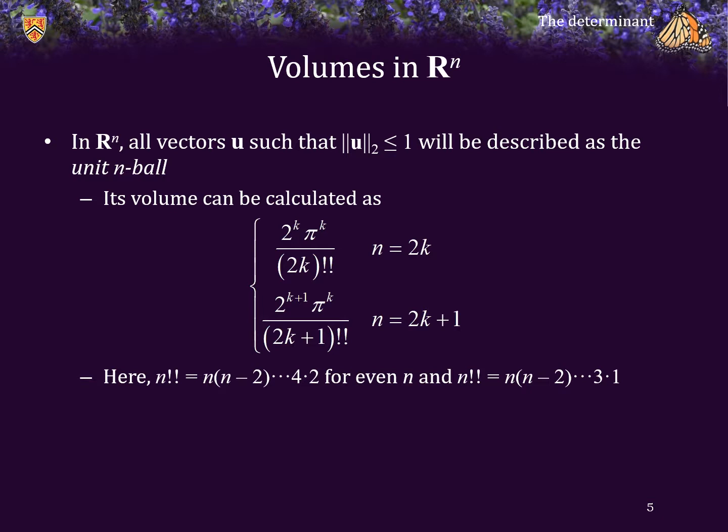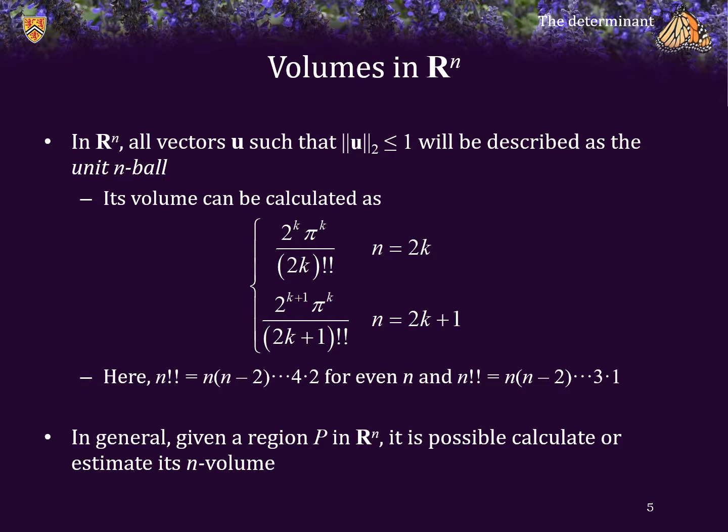Now, from these formulas, we deduce that the volume of the 1-ball, or the unit line from -1 to 1, is 2. In R2, this describes the unit circle, which has an area of pi, and in R3, this describes the unit sphere, which has volume 4/3 pi.